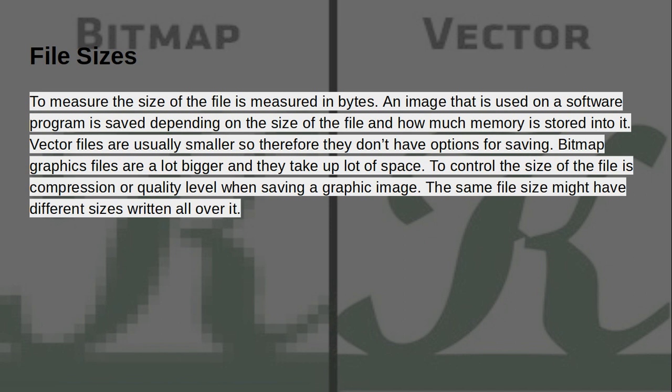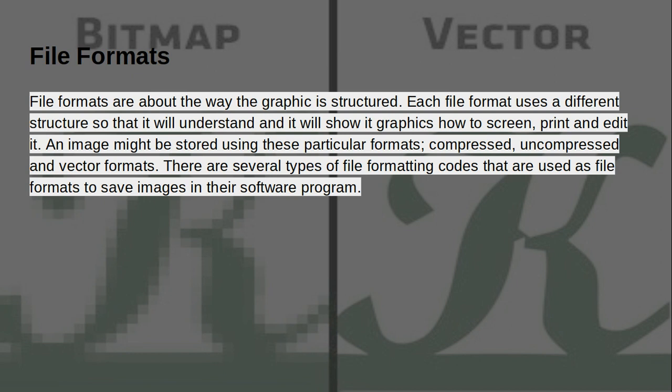To control the size of the file, you compress or change the quality level when saving the graphic image. So the same file might have different sizes. File formats are about the way the graphic is structured. Sorry.